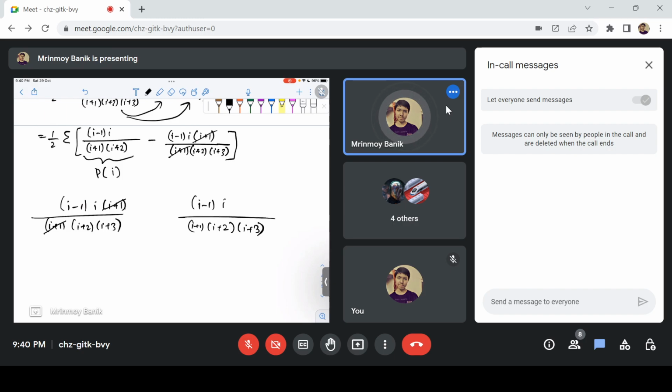So if we multiply it by I plus 1 by this smaller one, that is I minus 1 minus I minus 2 by I plus 3. Sorry, this is I plus 1. This is no longer a constant. What should we do?